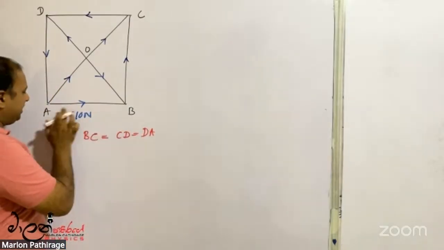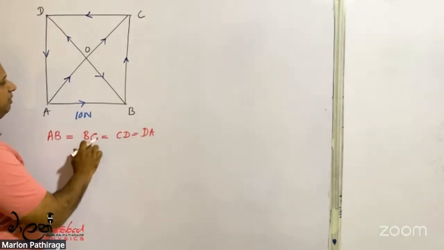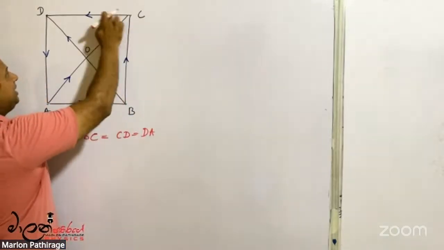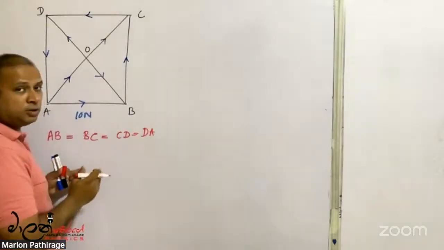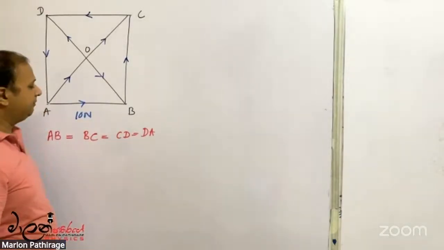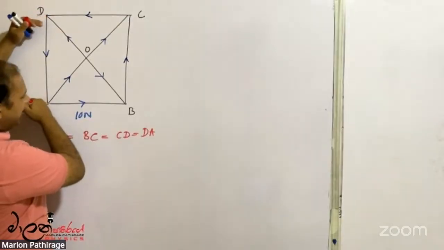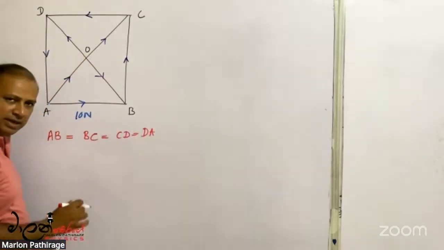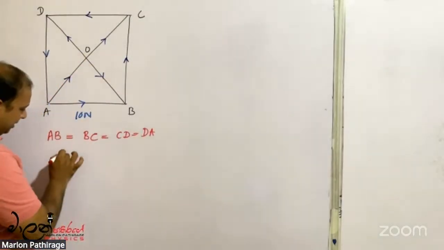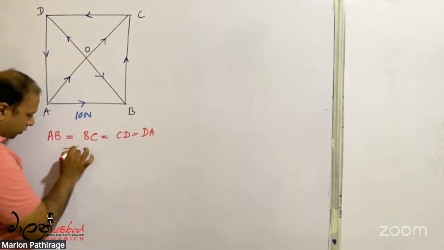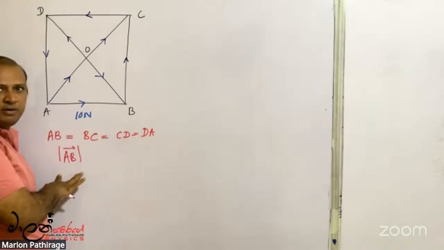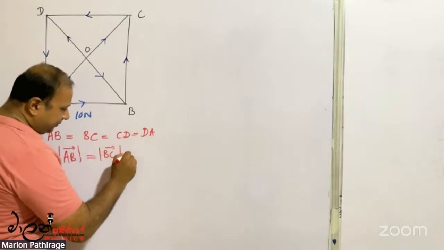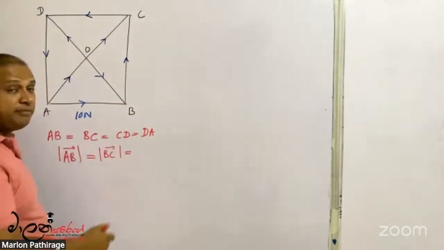AB length is the magnitude of the AB vector, BC length is the magnitude of the BC vector, CD length is the magnitude of the CD vector, and DA length is the magnitude of the DA vector.